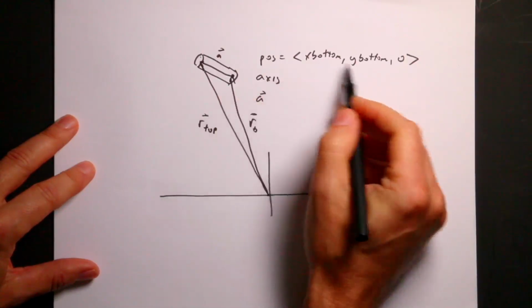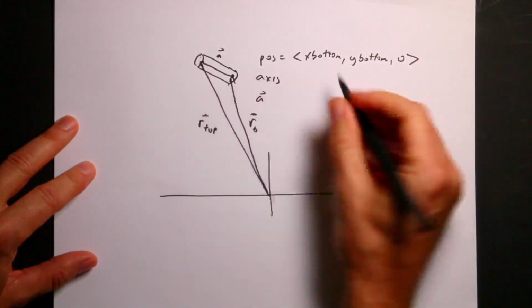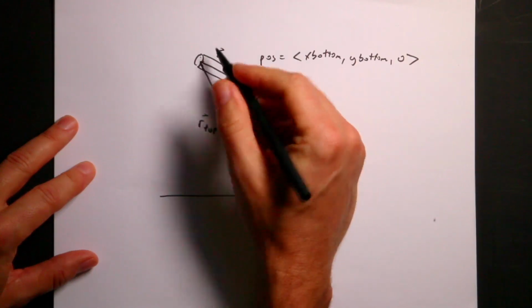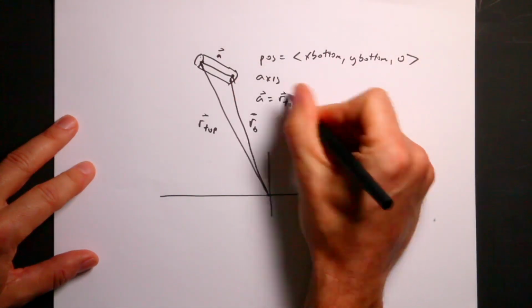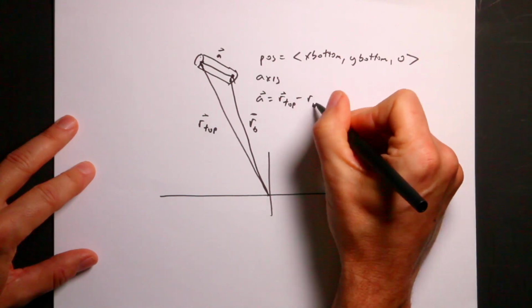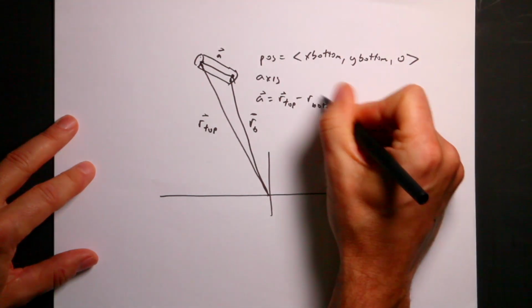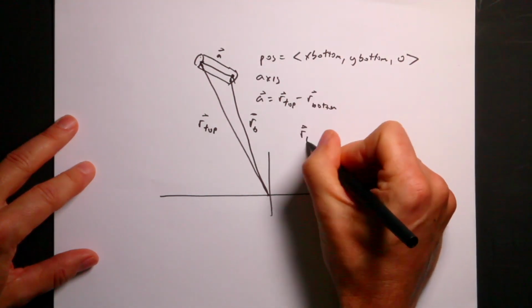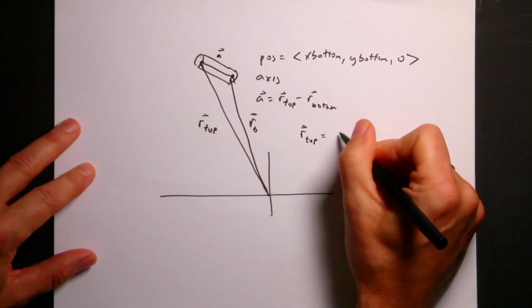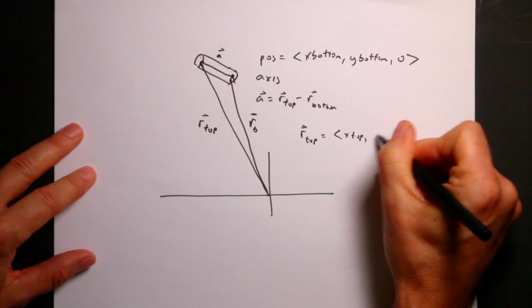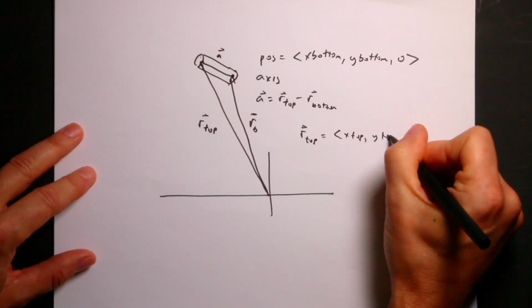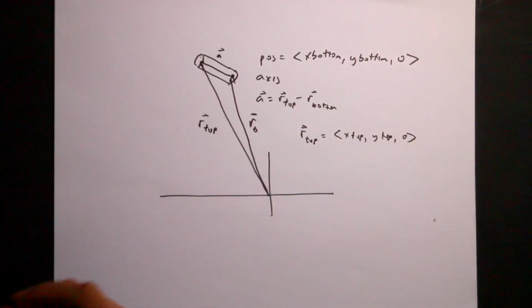Because that's my X and my Y and Z. So if I say A is just going to be equal to the final position, R top, minus R bottom. And then R top is going to be equal to X top, Y top, 0. Okay, so I think I can do that.